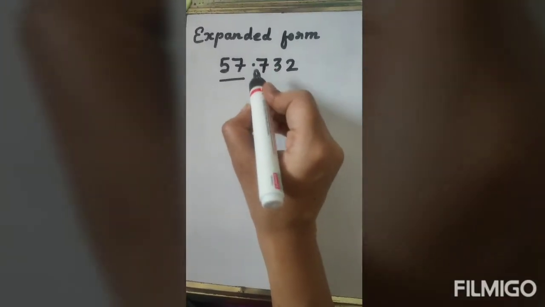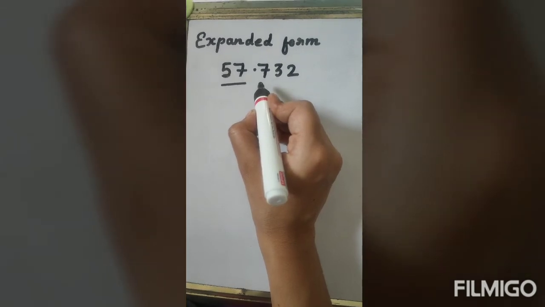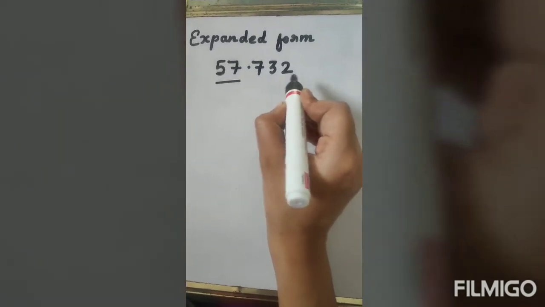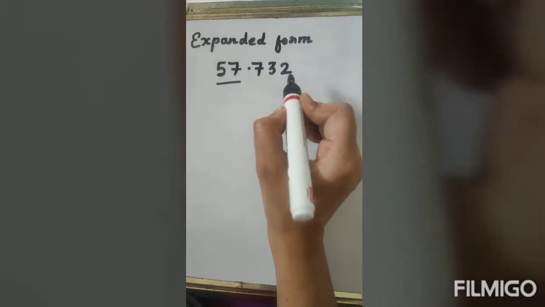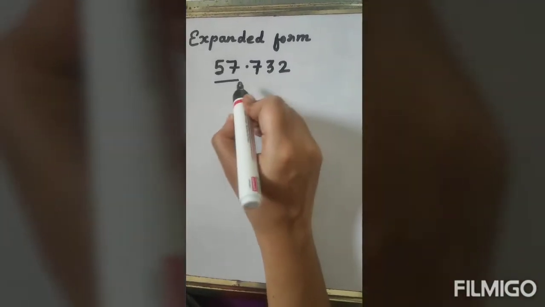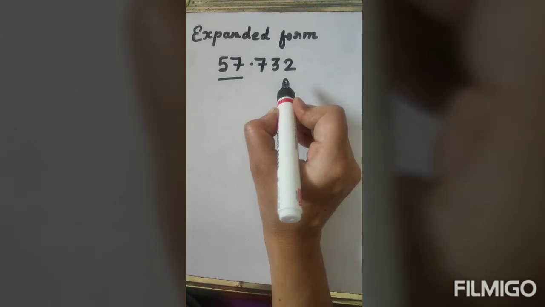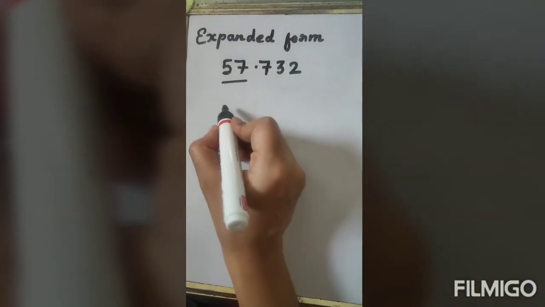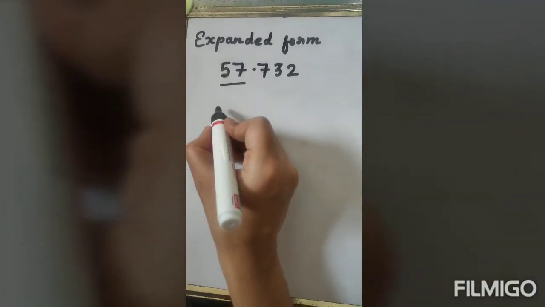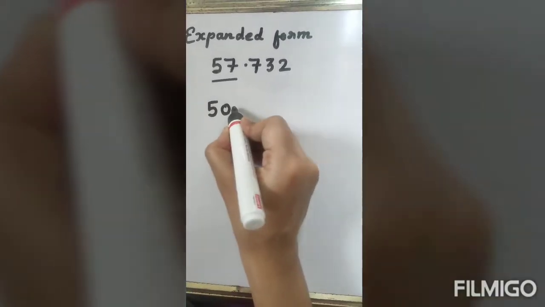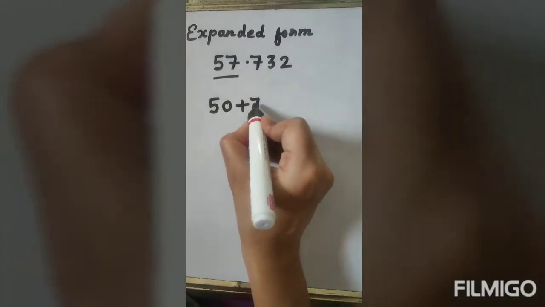And similarly, after the decimal point, there are places like tenths place, hundredths place and thousandths place. First we will write this decimal number in expanded form, that is fractional expanded form. So how to write this number? First we will write this as 50 plus 7, right?